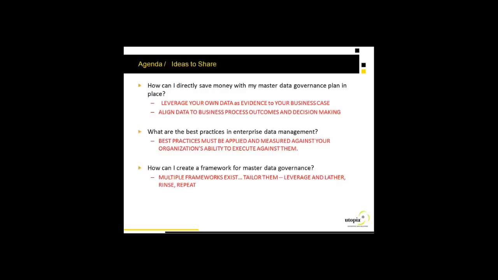And we looked at the enterprise data management framework, that wheel, which talks about architecture considerations, data standards, data governance, quality, metrics, and change management. Because there are multiple frameworks, leverage them, tailor them to your business, to your requirements, and then ultimately lather, rinse, and repeat. It's a repeatable process. What you do for customer, you can leverage for vendor. What you do for vendor, you can do for financial. There may be different nuances, but these are repeatable frameworks.